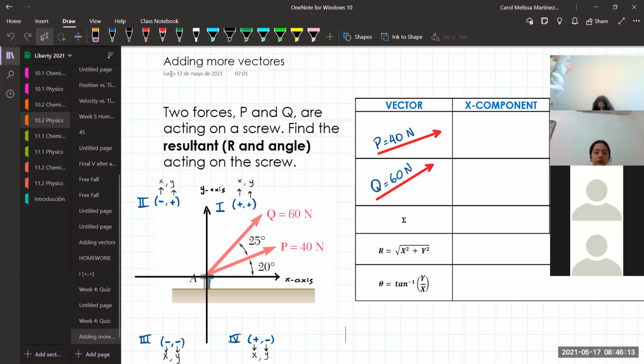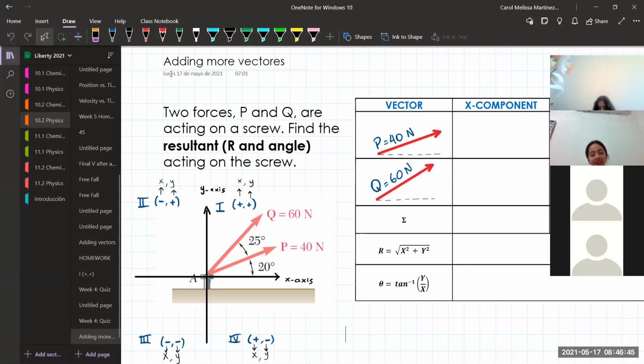I also need to include information about the angle. The angle tells me how open or closed a vector is. So what I do is I trace a dashed line to represent my x-axis in both vectors. This dashed line that I just drew represents where I am measuring my angle from.